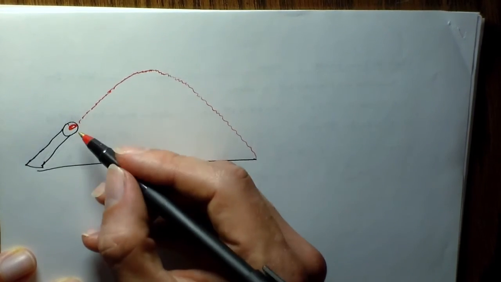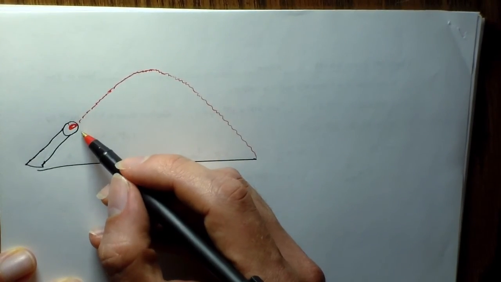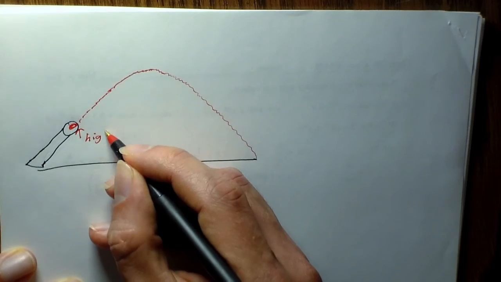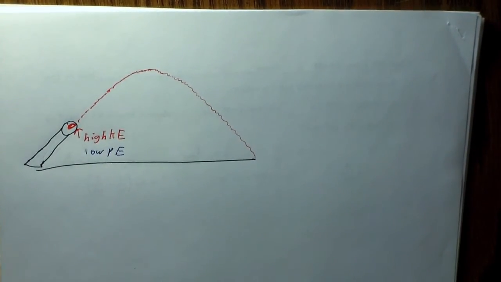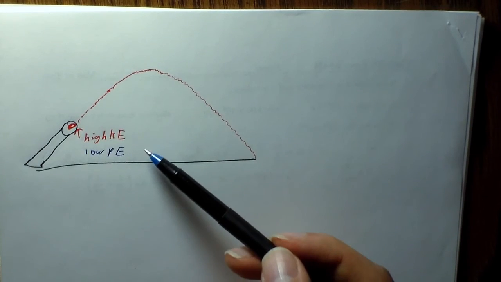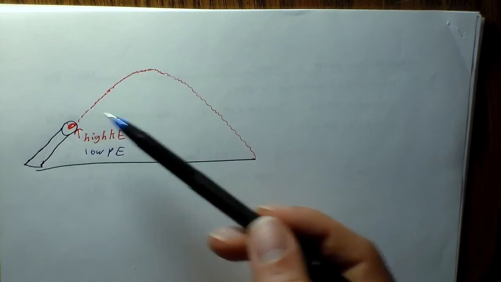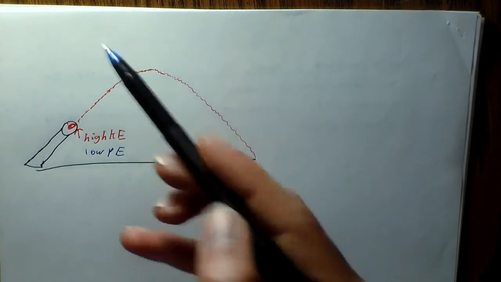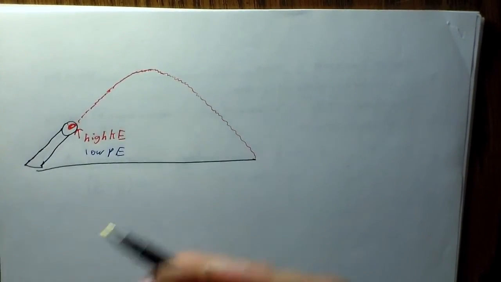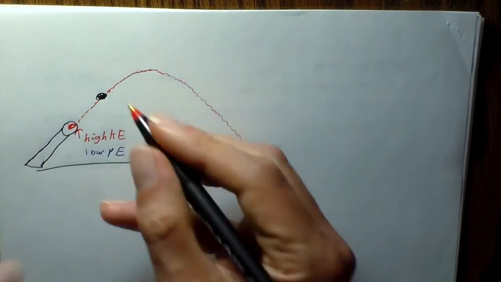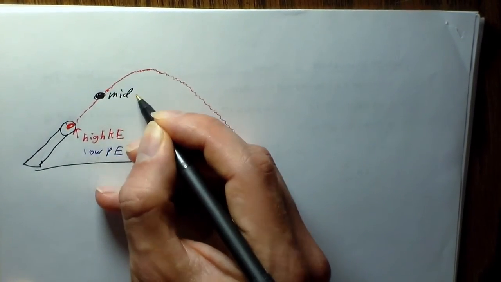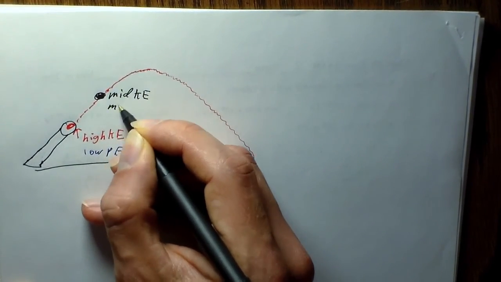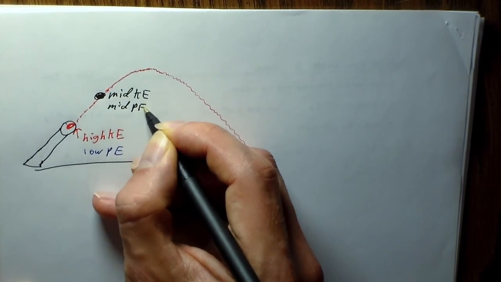Well, when it's at this point, we're going to have high kinetic energy, and this is going to be low potential energy, because it's close to the ground. It has a high kinetic energy because it's just been ejected from the cannon, so it's going fairly fast. And then at this point in the middle, we're basically going to have moderate or mid kinetic energy, and also mid potential energy.